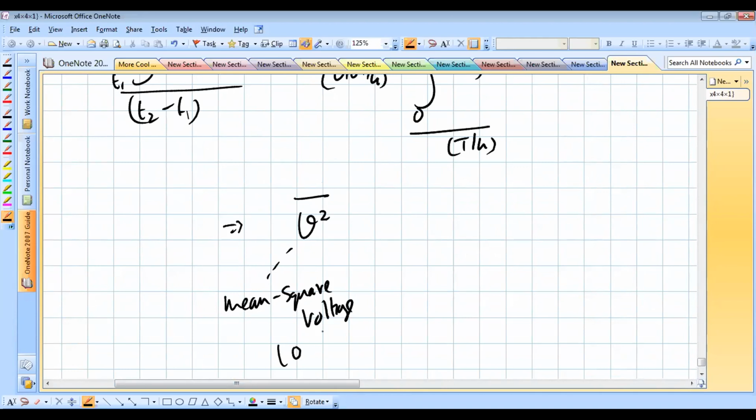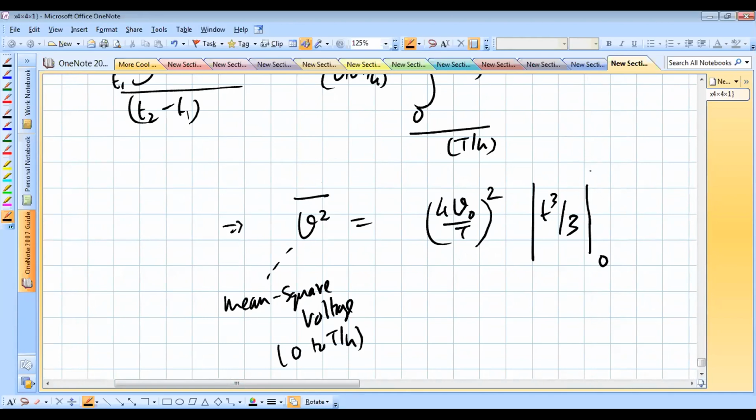From 0 to t by 4. So that is becoming 4 v0 by capital T, whole square came out. So integration, I'm left with t square dt. So that's t cube by 3 from 0 to t by 4. The whole thing was divided by t by 4.